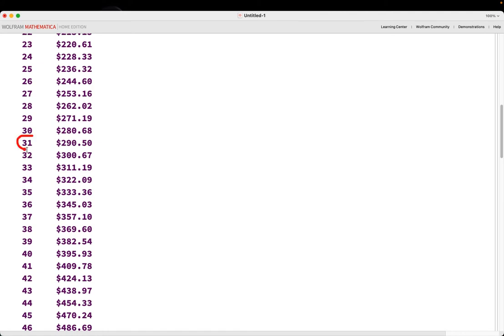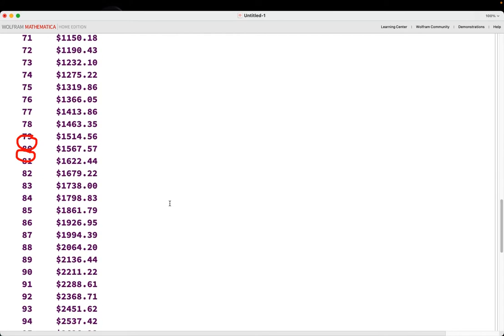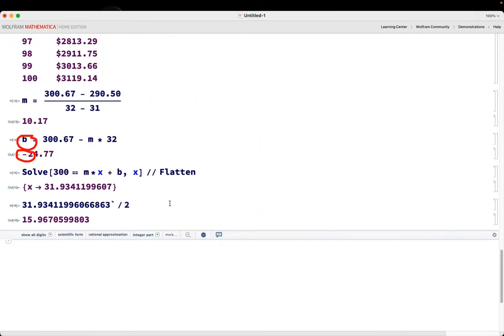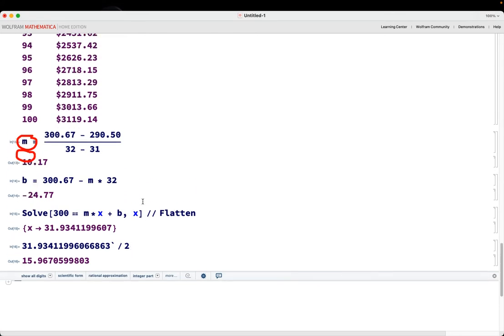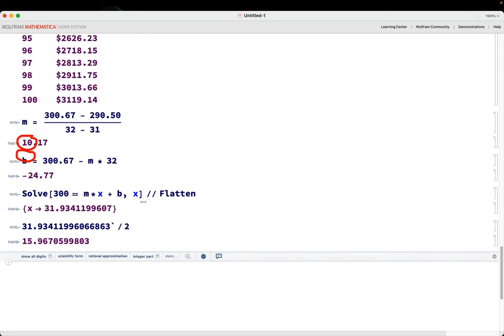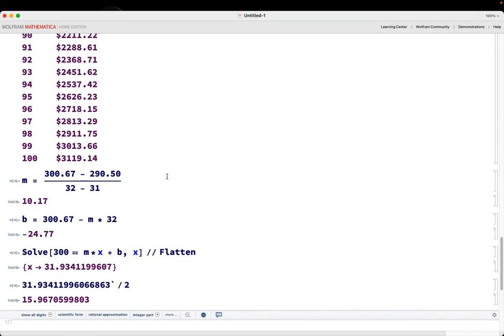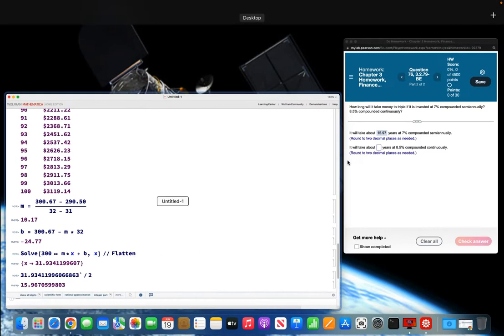So is the answer 31 or 32? The answer is really in the middle, about 31.93. But then you have to change the number of periods to years, which means you have to divide by 2. So it's a little bit of work, but you can do it. Or use the formula in your book.